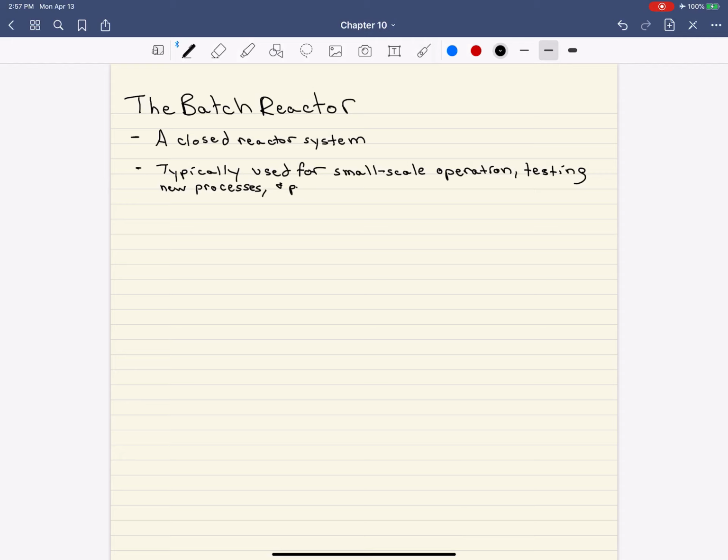And also some processes where you really just can't make it continuous, or difficult or impossible to make continuous.